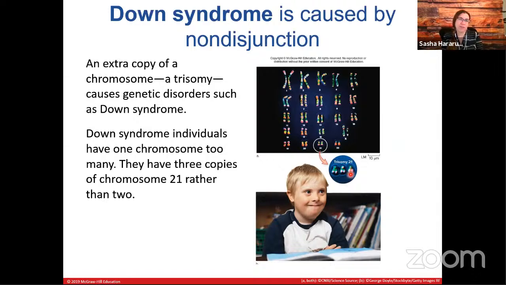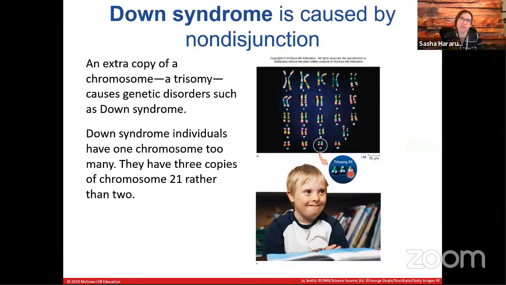So yeah, this is one example of the effect that having an extra chromosome, resulting from non-disjunction during meiosis, can have on a child's development. Non-disjunction happens more often as the person ages generally.